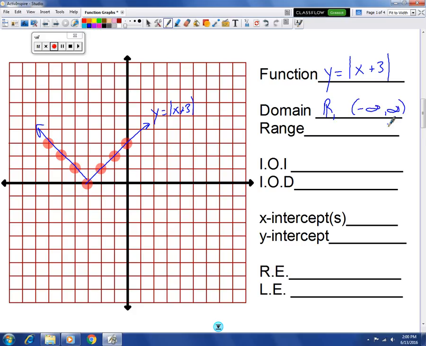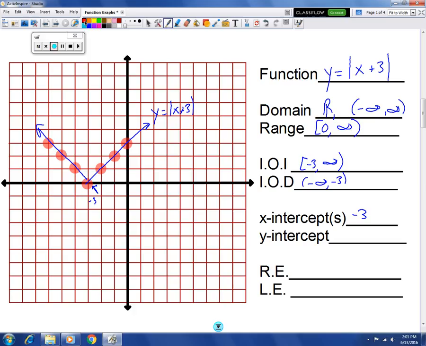Range, the lowest answer we get is 0. Highest is any positive number we can imagine. Interval of increase, now this is, again, just don't start on the y value. This is the -3, that's the x value. And interval of decrease, x-intercept, there's one at -3.